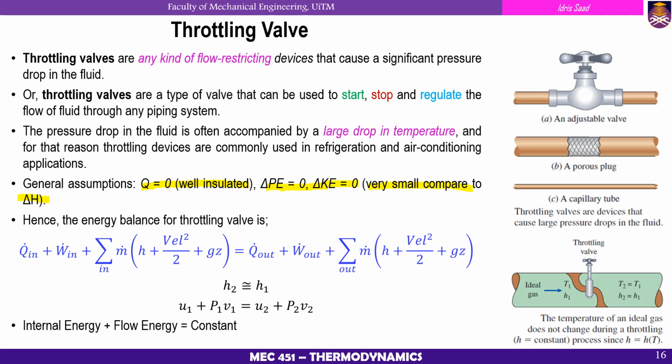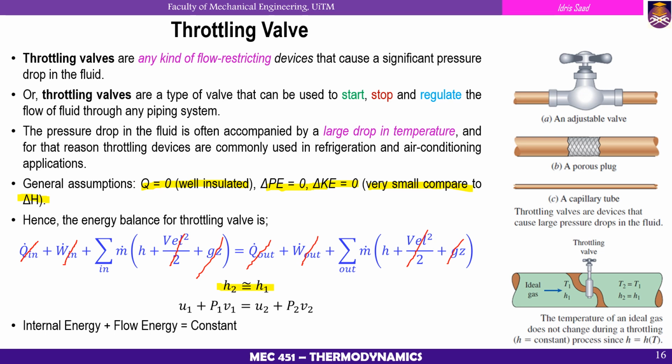Hence, in the energy balance equation, Q is cancelled, no work, kinetic energy is negligible, potential energy is negligible. So the only remaining item for the throttling valve is H2 approximately equal to H1.